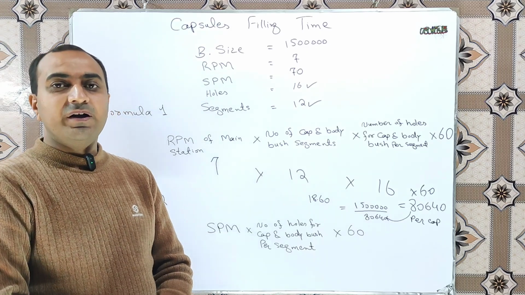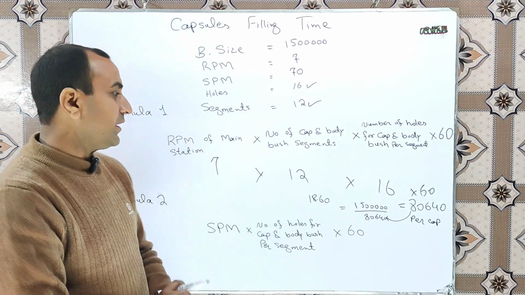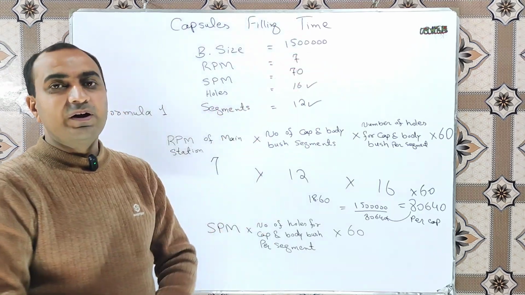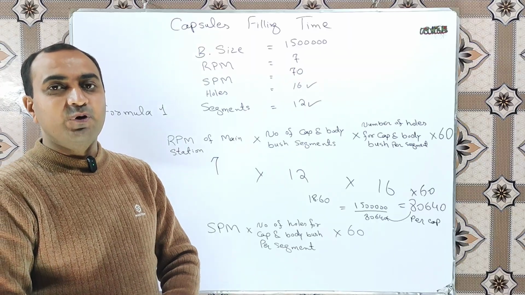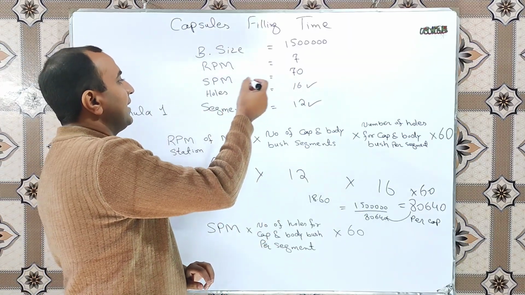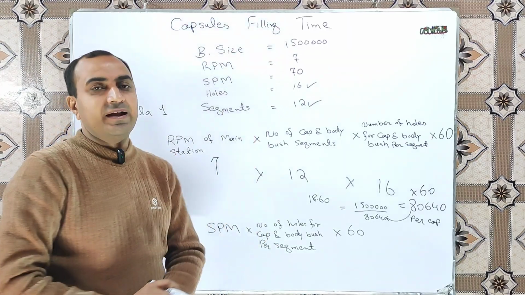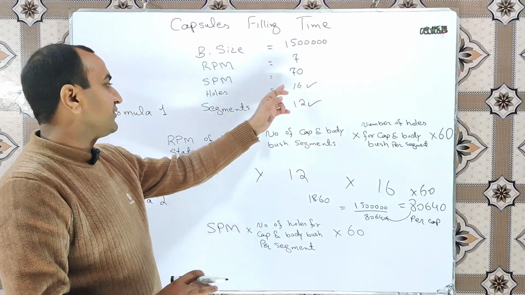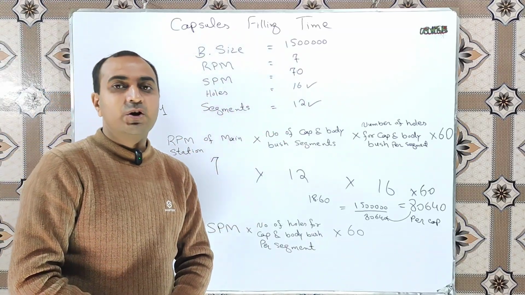Meaning 18.6 hours will be required to fill the 1.5 million capsules for a machine running at the RPM of 7 and having 16 holes and a total of 12 segments.